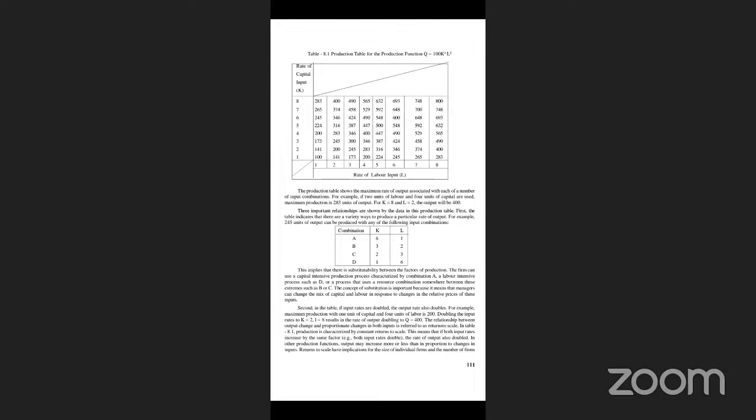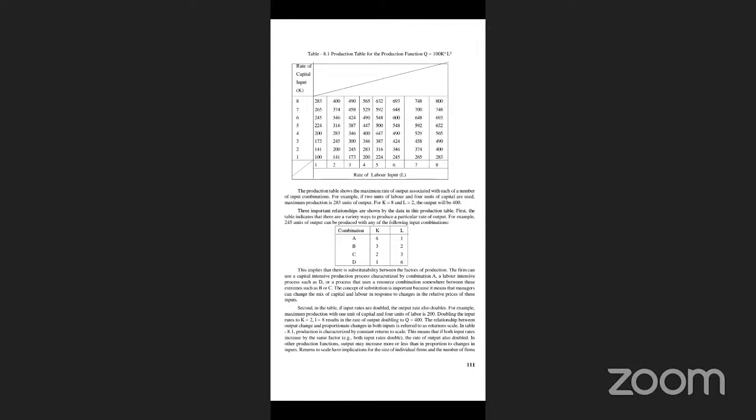K is the amount of capital and L is the amount of labor. And A is representing a constant, anything which is unchanged. The important feature of the Cobb-Douglas function is that it shows a maximum rate of output which is associated with the number of input combinations.